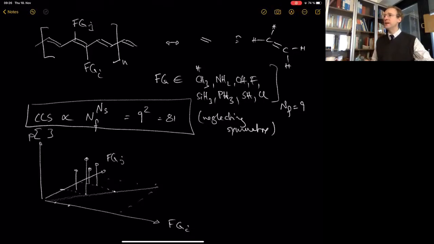So you could, for instance, do something more inspired by a genetic algorithm, where you fix one side and you go through all NS sides of the all NF groups of the other side, right?